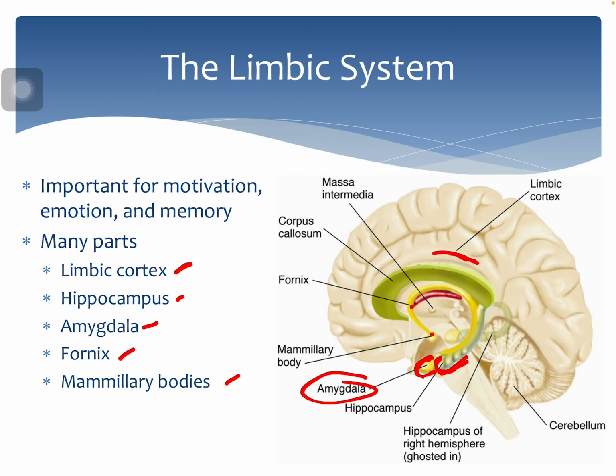The hippocampus is really close to the amygdala, and again, you have bilateral hippocampi, one on each side. Important for forming new memories. You might remember the case of HM. HM had his hippocampi removed due to severe epilepsy. This was one of the areas where his epilepsy was starting, and they wanted to remove those structures to stop his seizures.